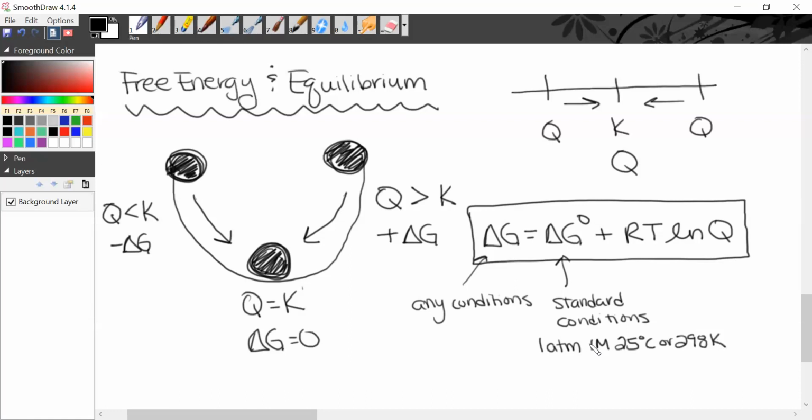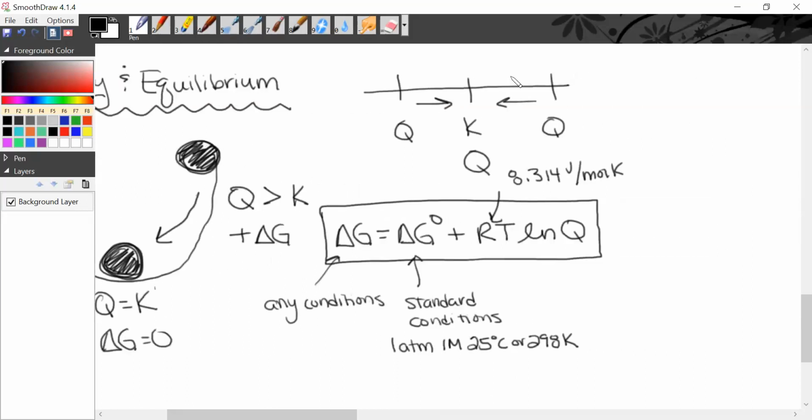Because we're talking energy, this is my energy R, the 8.314 joules per mole Kelvin, not the 0.0821, not the liters atmospheres one, but the energy one. T is obviously temperature in Kelvin, and Q is that reaction quotient. Remember that one that tells you if your reaction is going forward or reverse to get to equilibrium.